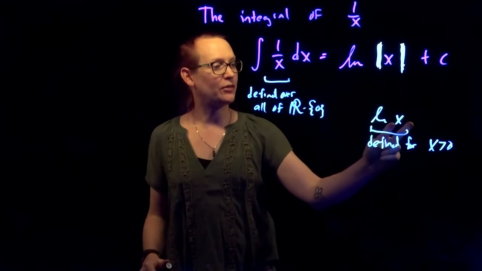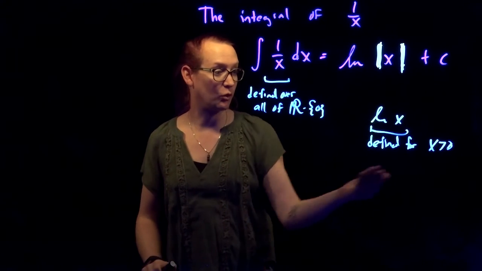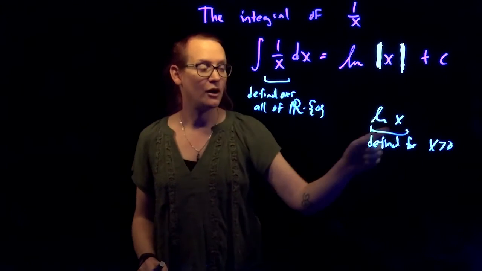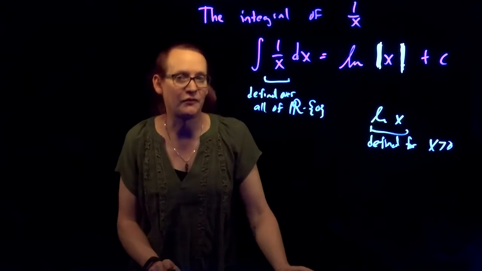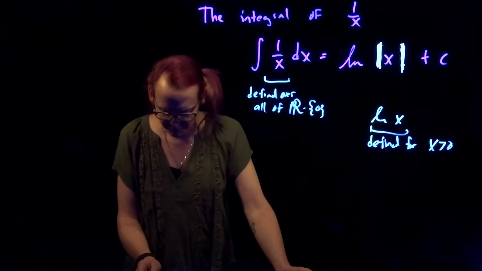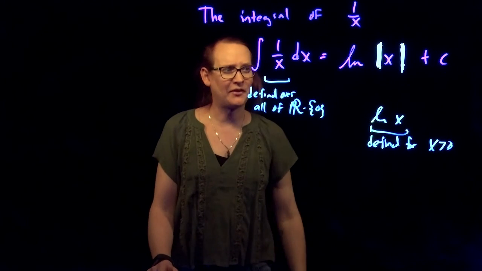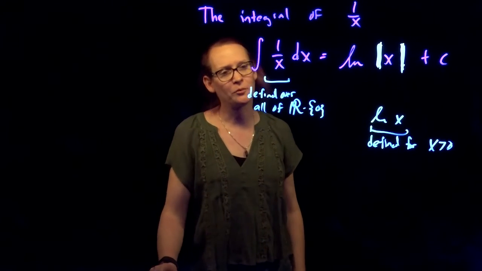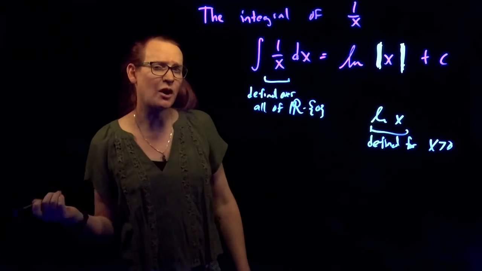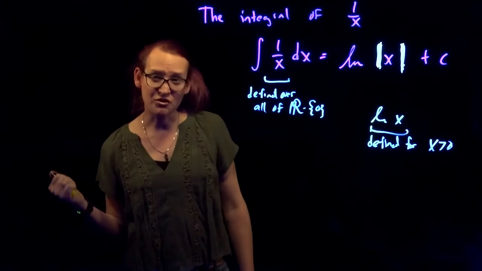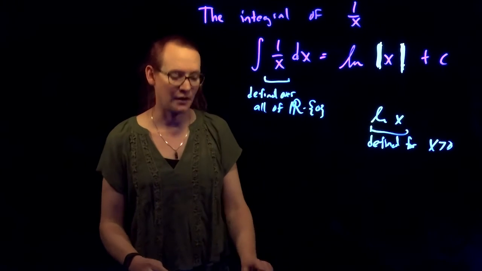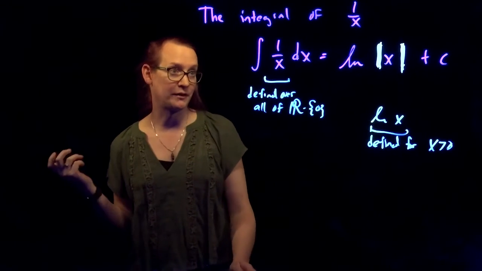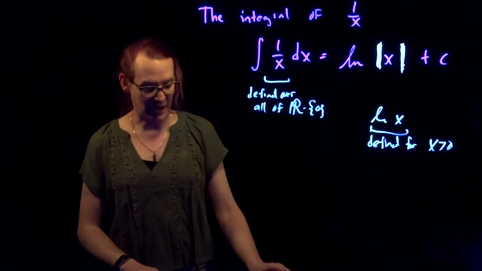So how do I make this function right here defined for not just positive arguments, but all arguments, is by these absolute values right here. So it's really common to miss that. And I just wanted to super emphasize, especially when we go into u substitution, looking forward, that you remember to put your absolute values in, because they are a critical component of the integral of 1 over x.